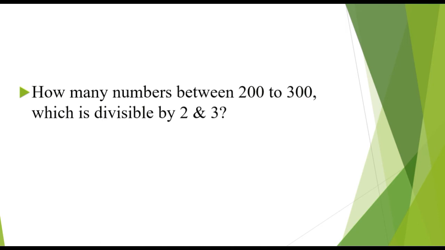In 200 to 300, which numbers are divisible by 2 and 3? Before solving this, let me talk about the types of questions where they're asking to count the numbers. The numbers which are divisible by 2 or divisible by 3. This is the first type.